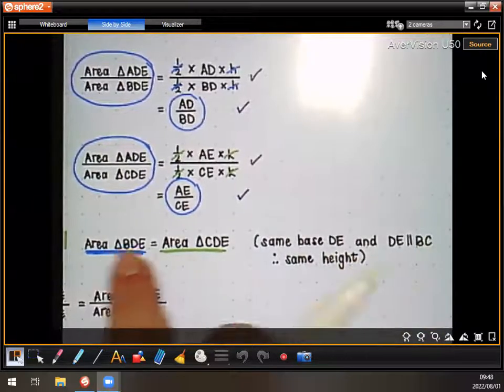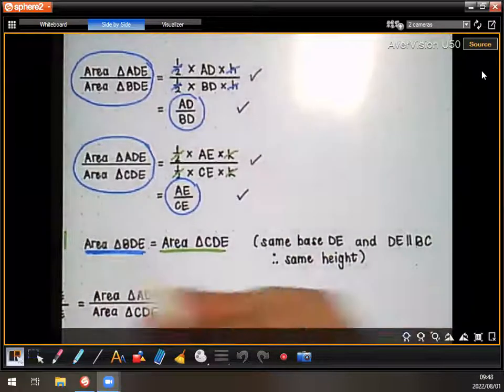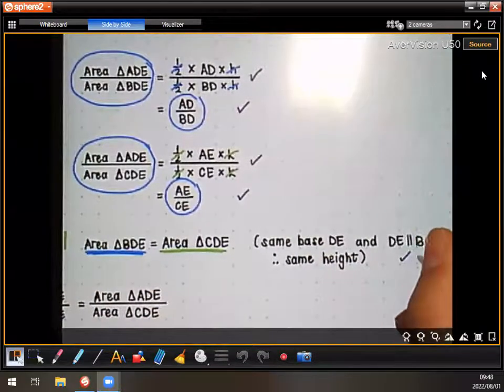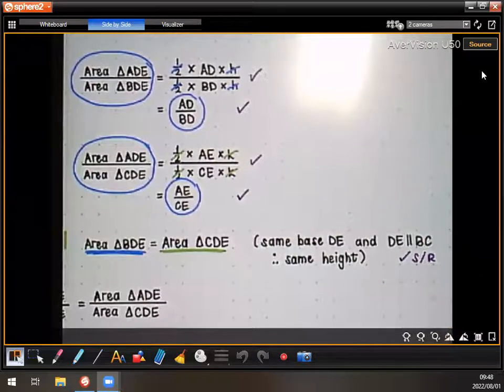Unfortunately, you can't just say, oh, nice, these two areas are equal without a reason. You won't get a mark. So this we call SR. I don't know if you guys have seen that in final exams, if you've gone through the memo. That means it's a statement and reason mark. So 1 mark if you have the statement and the reason too.